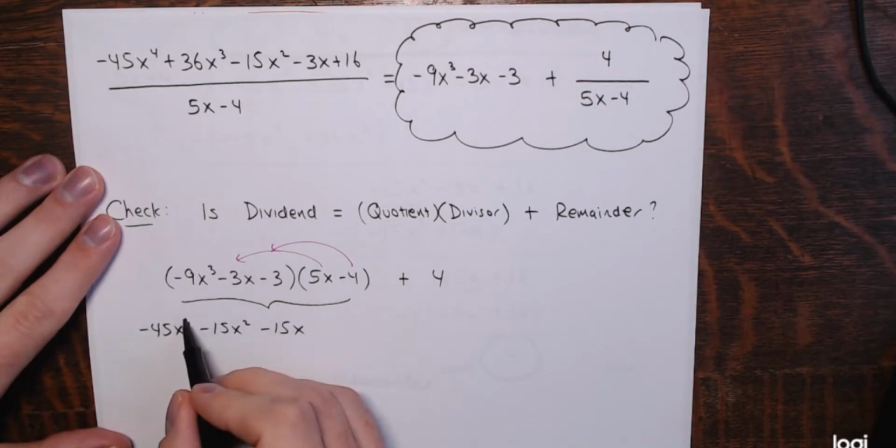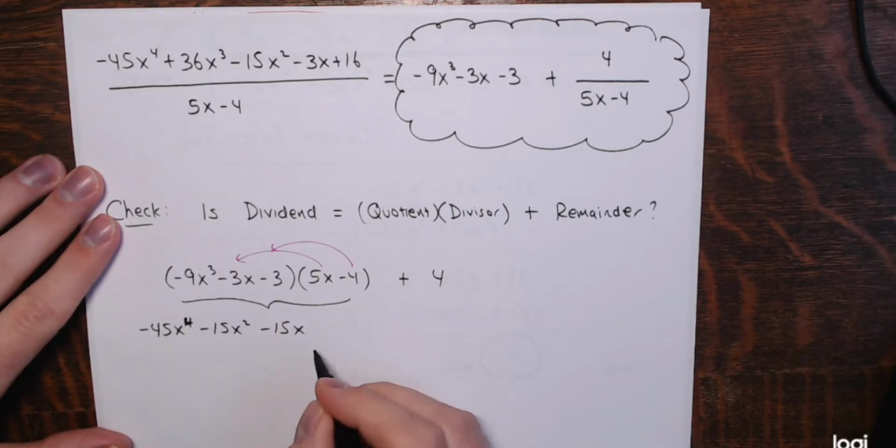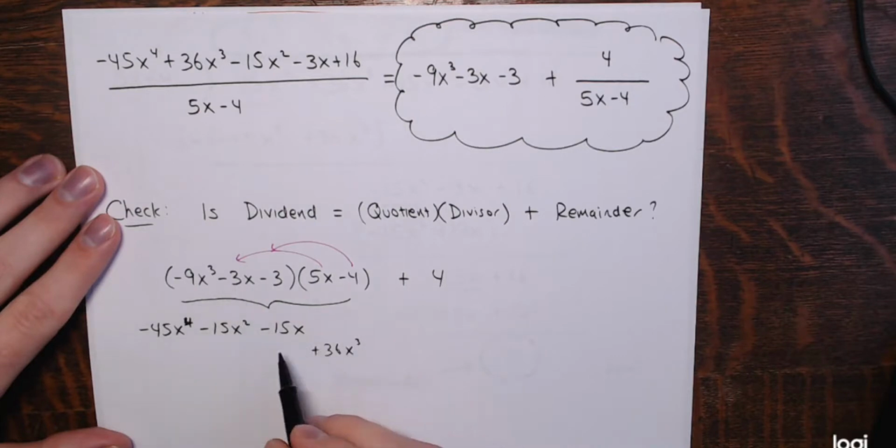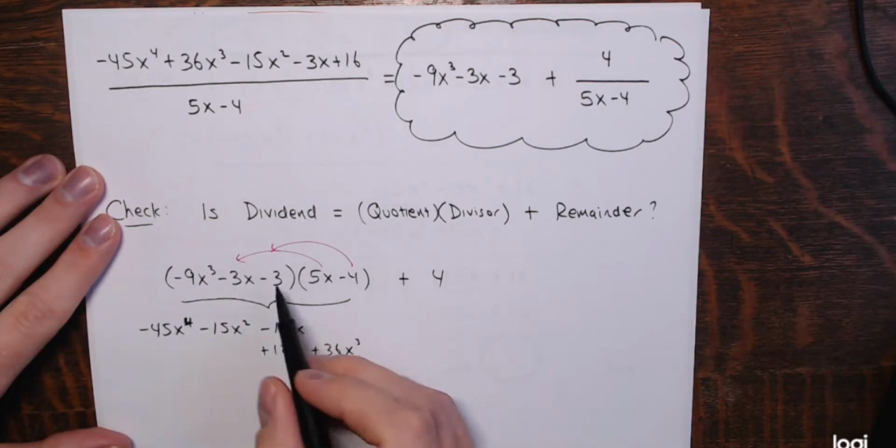That doesn't line up with anything else. Then plus 12x, so I'll line up with the 15x, and then plus 12.